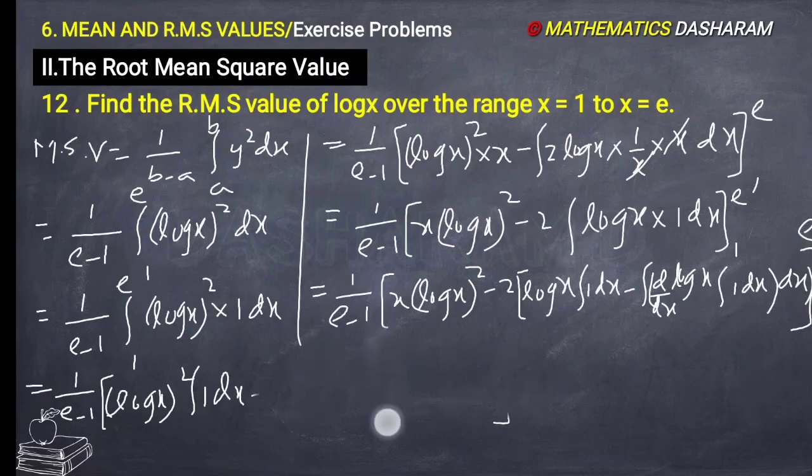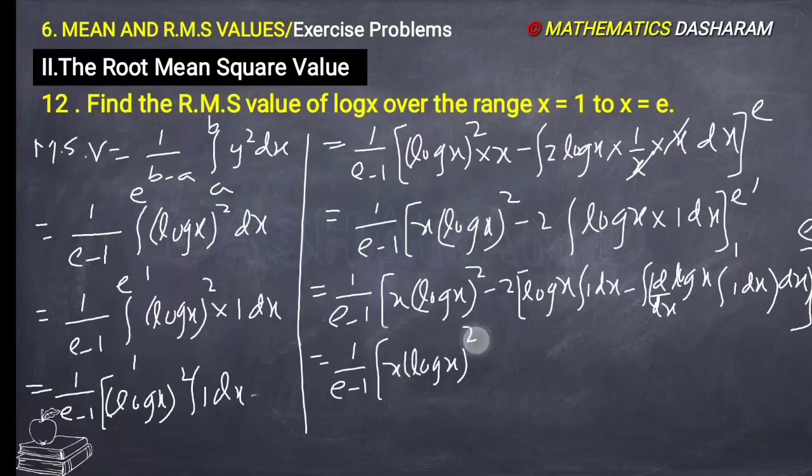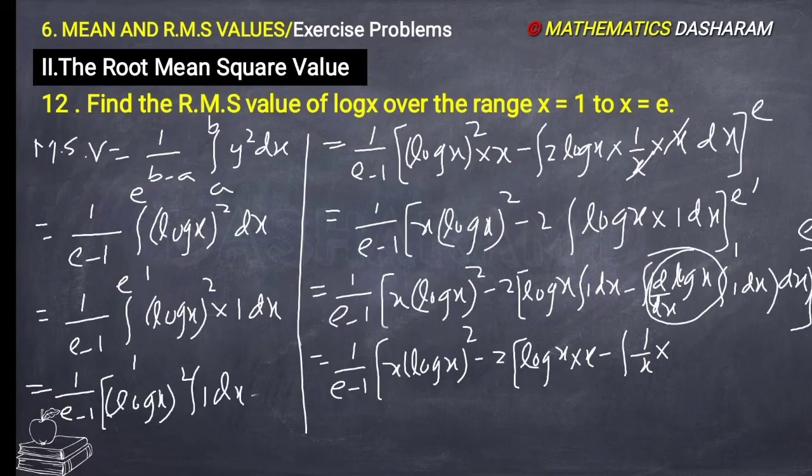So it is equal to 1 by e minus 1, x into (log x) whole square minus 2 bracket of log x into x minus integration of 1 by x, the derivative of log x, into x, the integration of 1 dx, dx, 1 to e.